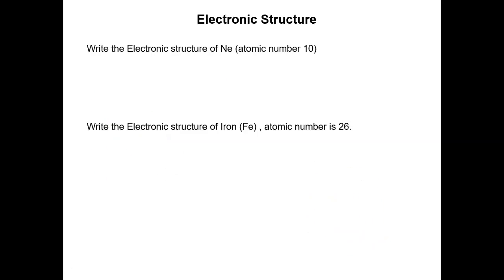We'll see an example for neon. Write the electronic structure of neon. The atomic number is 10. How do you write it?